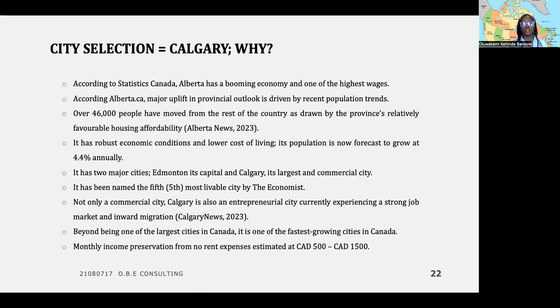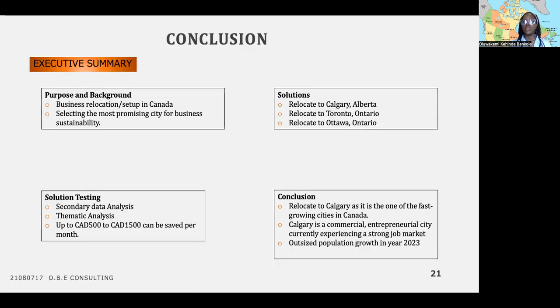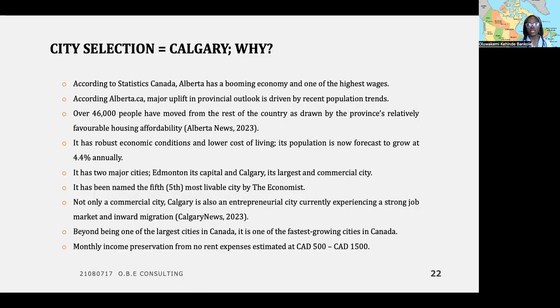In conclusion, we recommended for our clients to relocate to Calgary as it is one of the fastest growing cities in Canada. Calgary is enjoying robust economic conditions, lower cost of living, relatively favorable housing affordability, and is now forecast to grow at 4.4% annually.